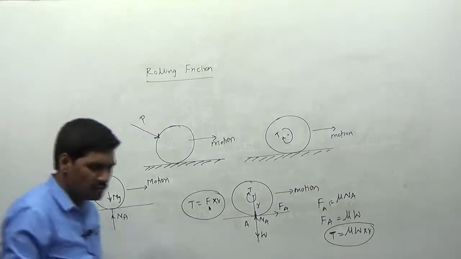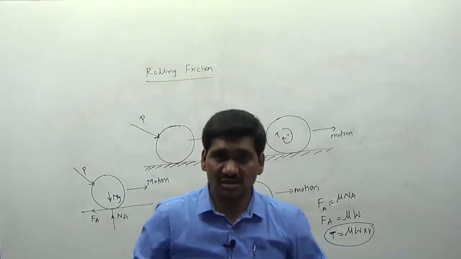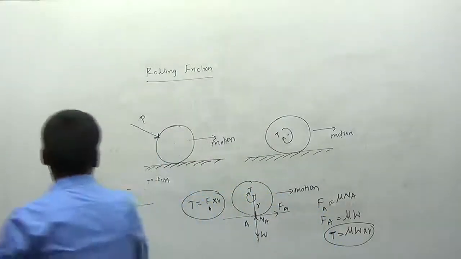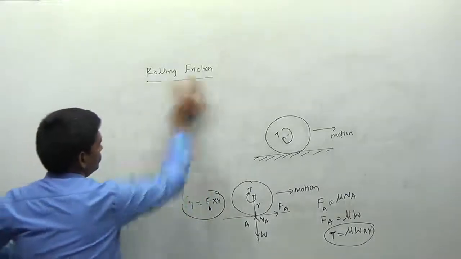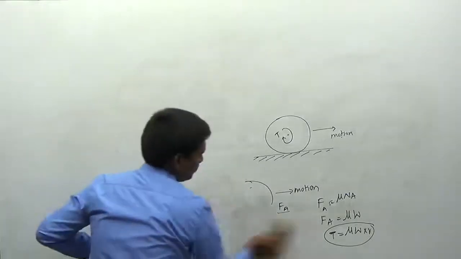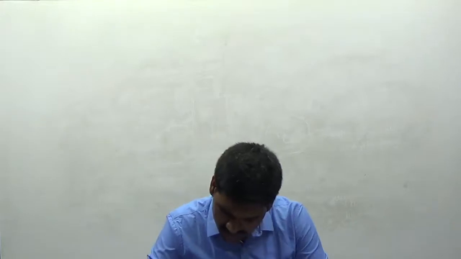Okay. So I am going to solve some previous question papers from the GATE examination for the concept of friction. Now see here, I am going for the problems in case of friction.